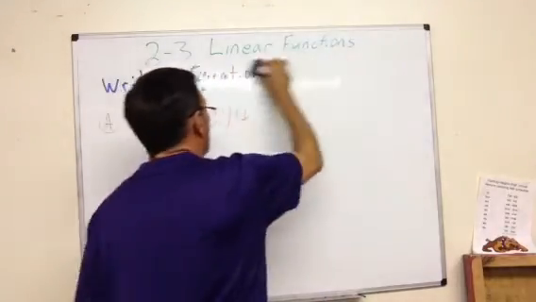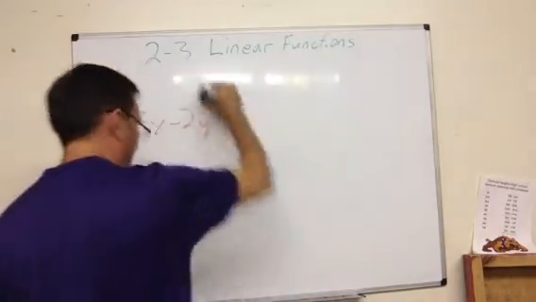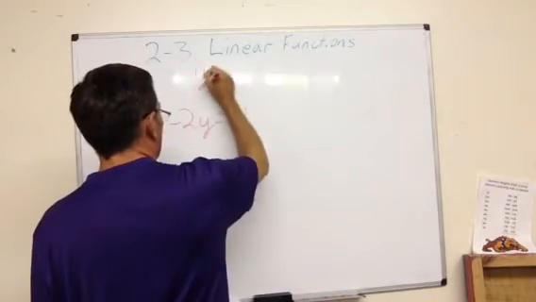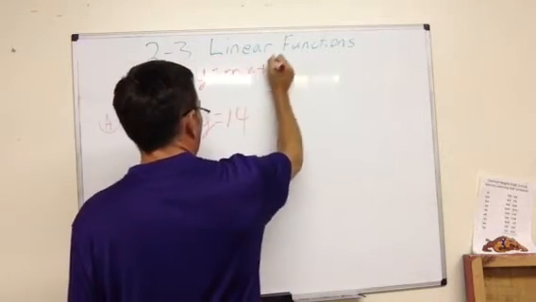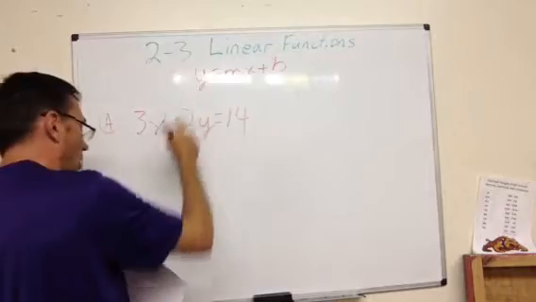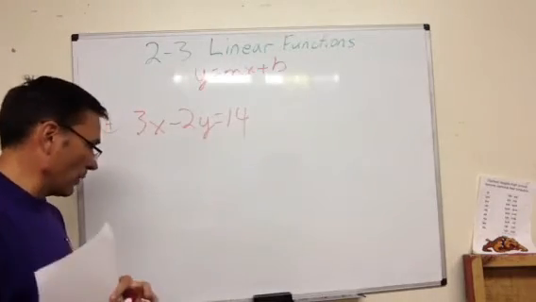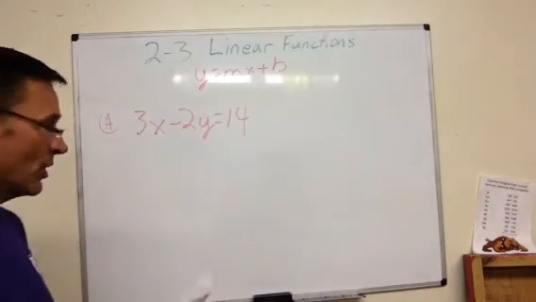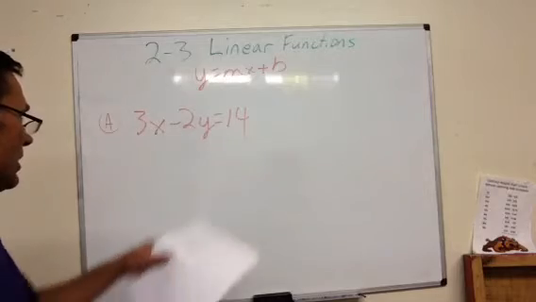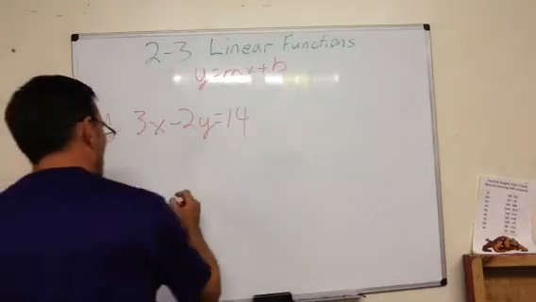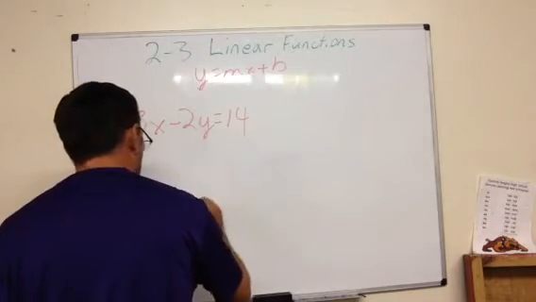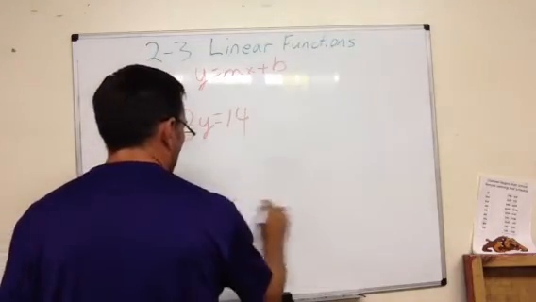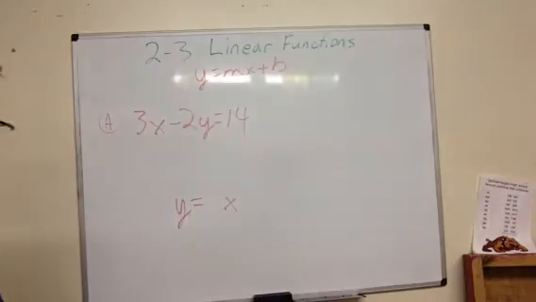Remember, we want to get it in a nice, usable form. If you notice, the y is all by itself in that form. So let's go back to how we solved equations in the last chapter to get the y by itself. I know I want y equals something x plus or minus something.